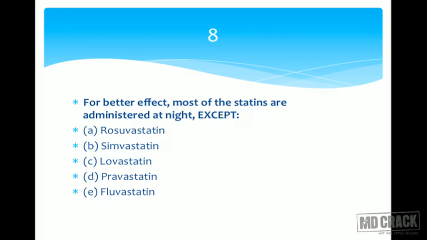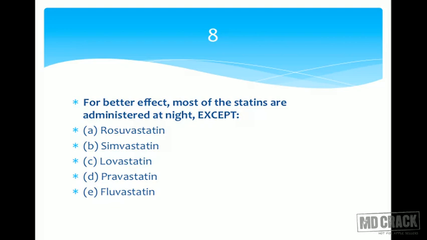Even if you take the drug in the morning, if its effect is continued, if it's got a long half-life, then it will be able to give you the same kind of blood levels even at night. If the drug is short-acting, it's not going to give this blood level at night. Naturally, you have to pick up a drug from these which is long-acting.